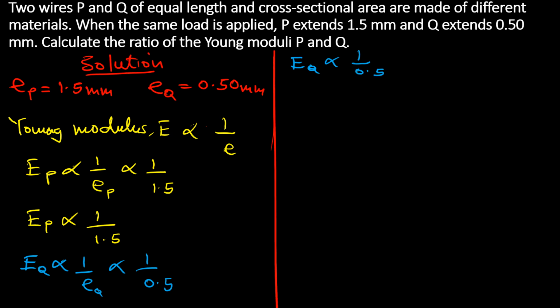Okay. And the question states we should find the ratio of Young moduli P and Q. So this means that the Young modulus of P over Young modulus of Q will be equal to 1 over 1.5.